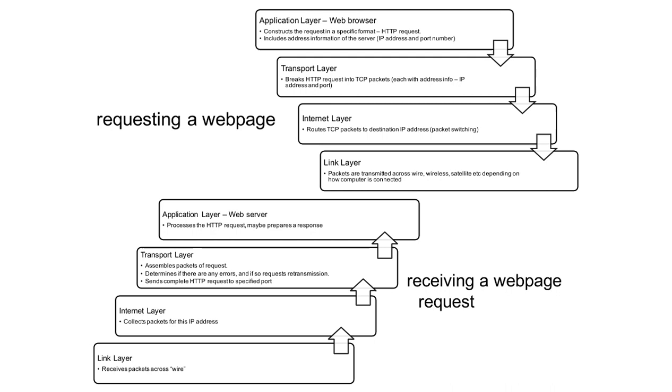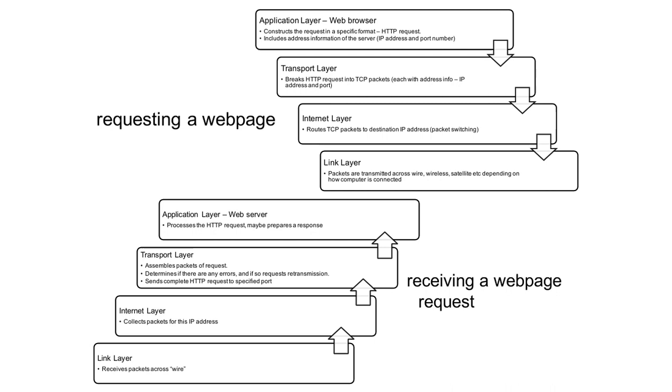In the application layer, or that means in the web browser, it constructs the request in a specific format and includes the address information of the server and port number. In the transport layer, that breaks the request into packets.